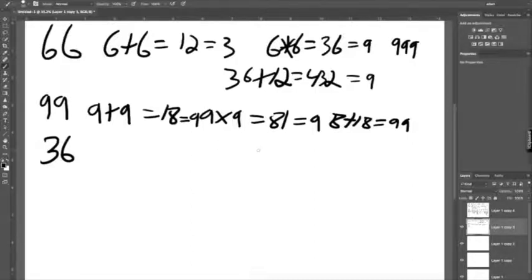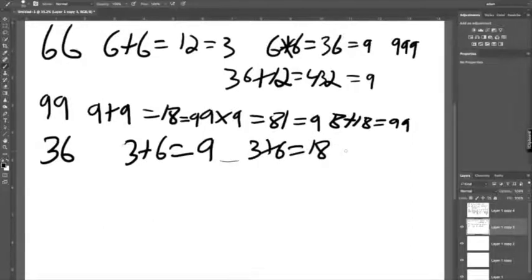Okay? You have 3 plus 6 equals 9. And 3 times 6 equals 18, which equals 9. Everything equals 9.